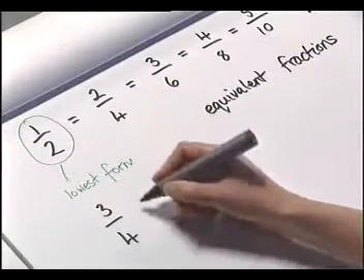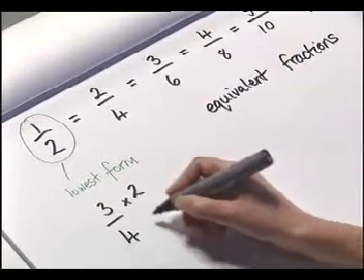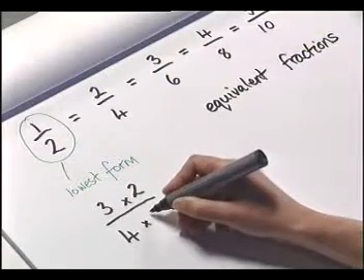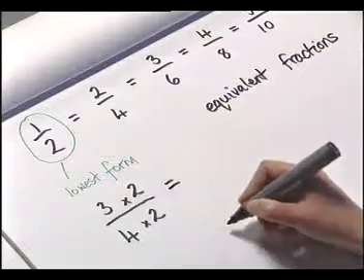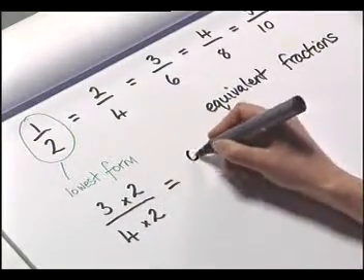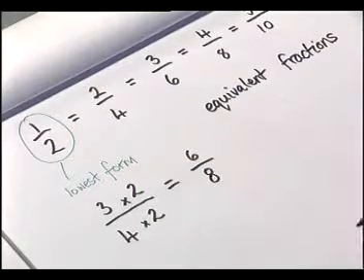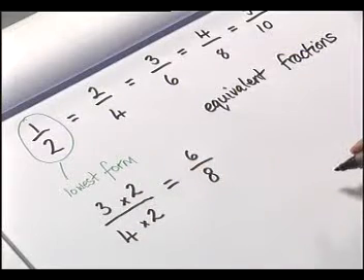So let's say I multiply by 2. If I multiply the top number by 2, I must also multiply the bottom number by 2, so that I'm not changing the fraction. 3 times 2 is 6, 4 times 2 is 8. So 6/8 is a fraction equivalent to 3/4.